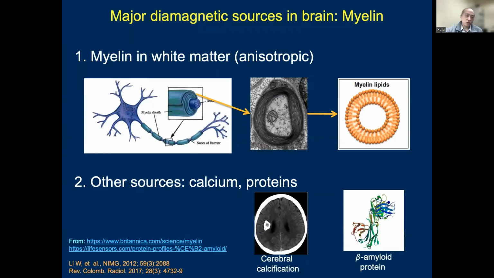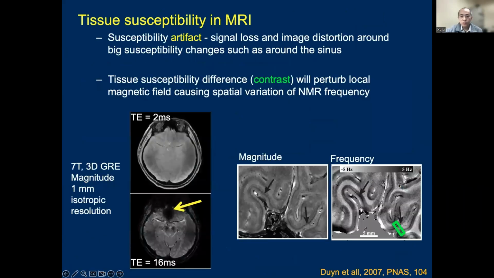There are also other diamagnetic sources like calcium or proteins. But in normal conditions, those sources are usually either at very low concentration or very weak diamagnetism.